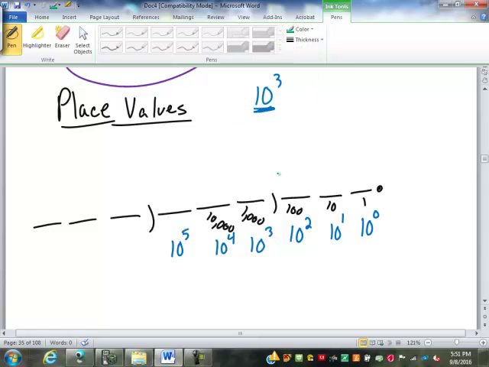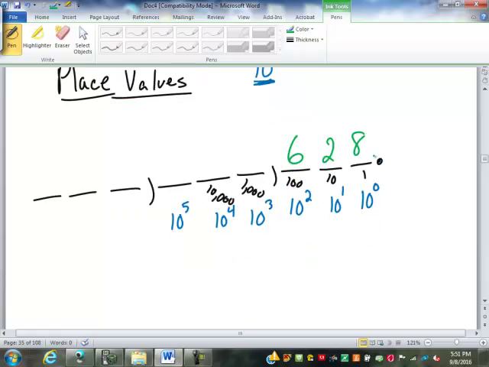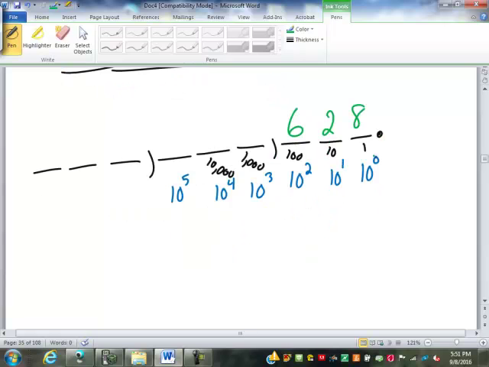So when we were looking at writing our numbers in their full form or expanded form, like 628, we wrote that out as 6 100s and 2 10s and 8 1s. But we could have just done this. 6 times 10 to the 2nd, and 2 times 10 to the 1st, or just 10, and 8. We don't need to put the 10 to the 0 there because it's just ones.